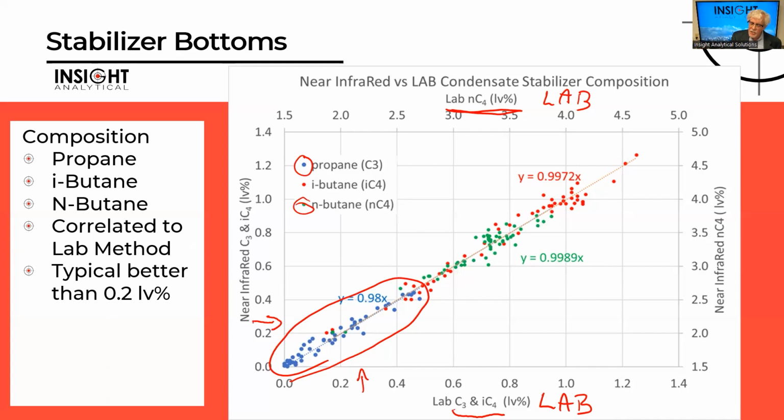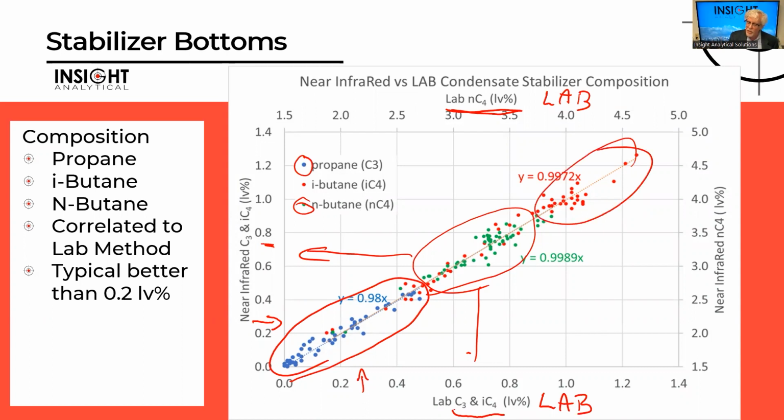The green is on this axis as well, and this is the isobutane. Similarly, almost a one-to-one correlation between what goes on in the lab. And yes, there's some scatter around there. We have to remember there's scatter in the lab results as well. But we're measuring the propane, the isobutane, and then the red ones are the N-butane, against this axis.